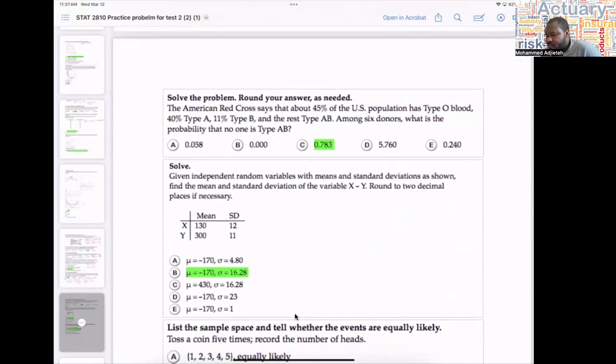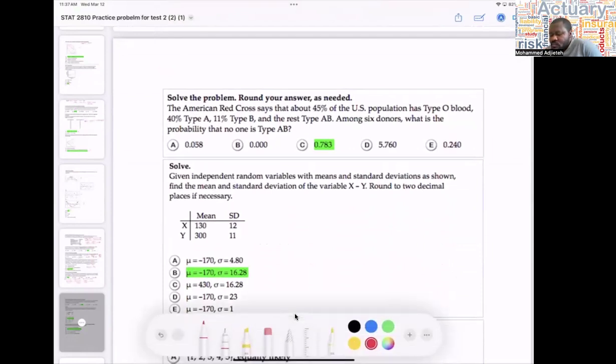Okay, let's do this one here. We are told that the American Red Cross says that 45% of the US population has type O. So let's put that here. Type O equals 0.45.